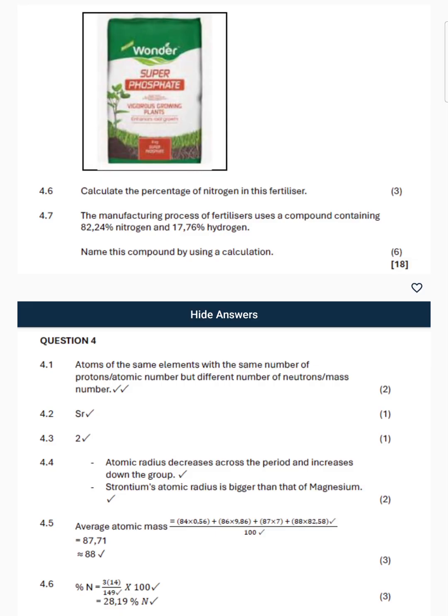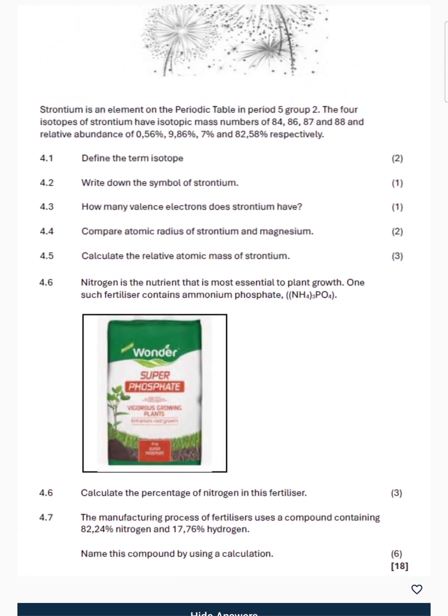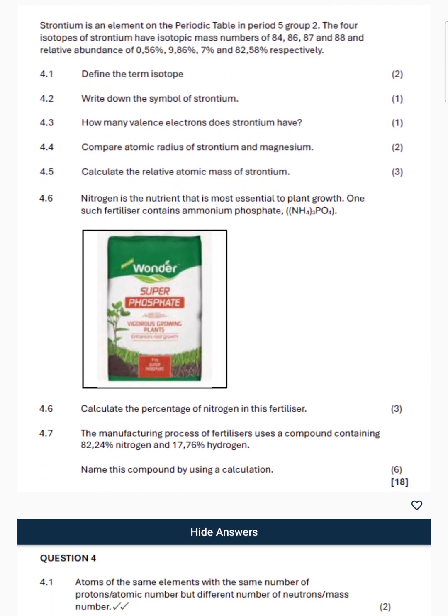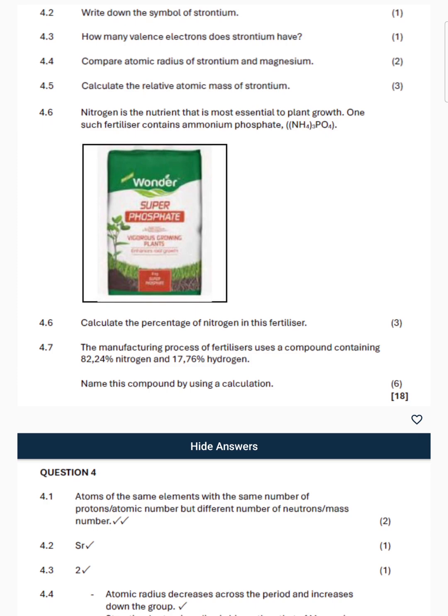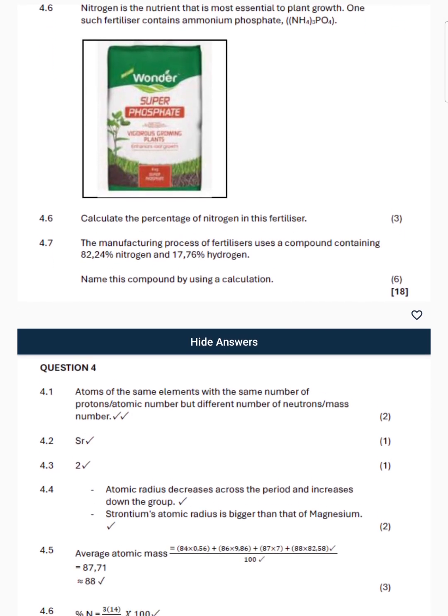We used to calculate the percentage of each in grade 12 with fertilizers. Then 4.7, now this is the interesting part. The manufacturing process of the fertilizer uses a compound containing this, so you need to calculate the empirical formula.